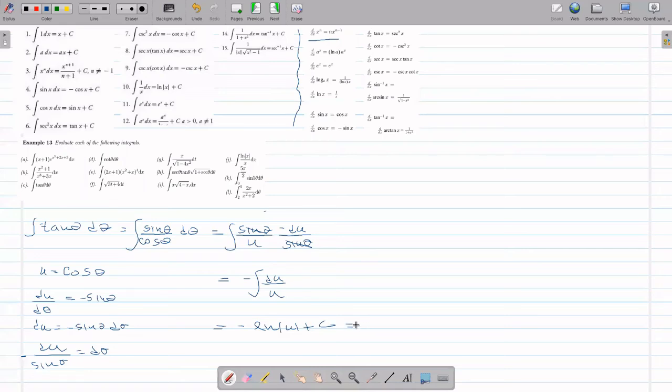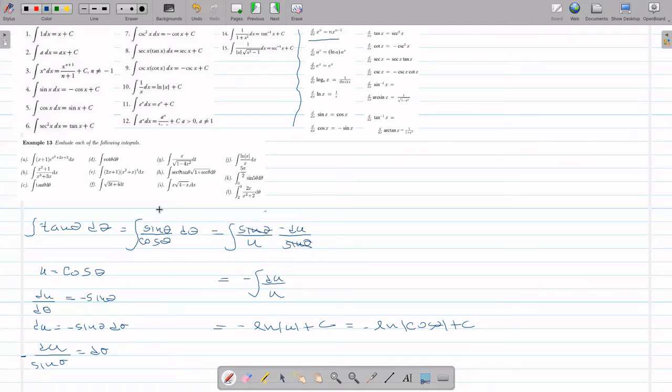Most of the time it happens, but there are special tricks sometimes. u is cos theta, no? So minus ln cos theta plus c. Most of the time this cancels out, but there are very rare situations where it doesn't cancel out.